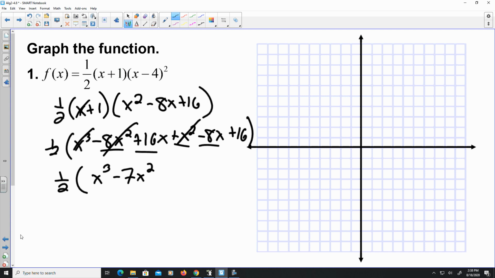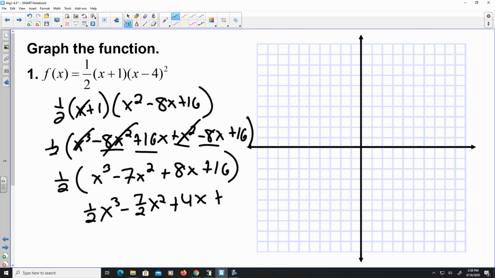Here and here we got plus 8x plus 16. Now we take the 1/2, so now it's 1/2 x cubed minus 7/2 x squared plus 4x plus 8. So constant value is 8.